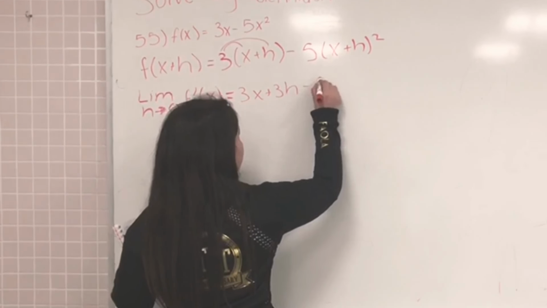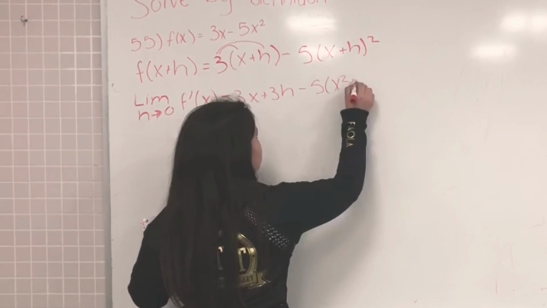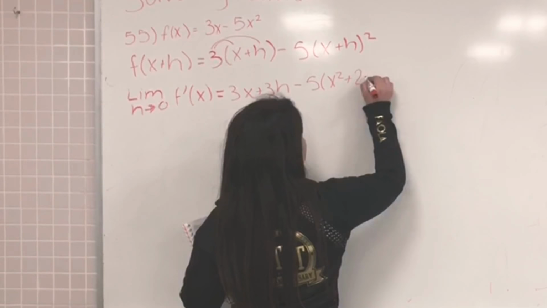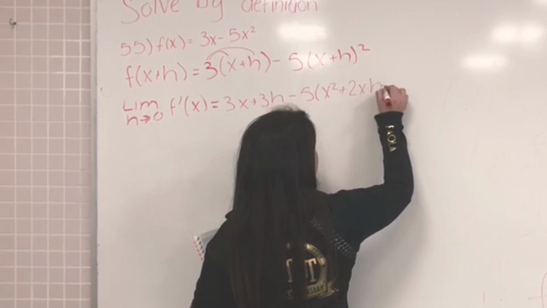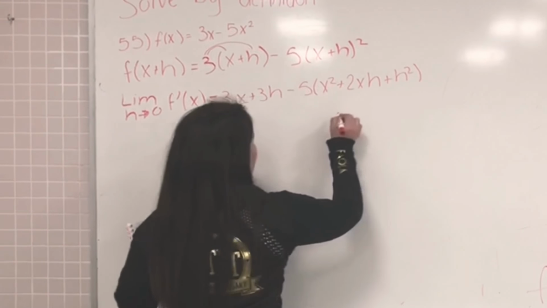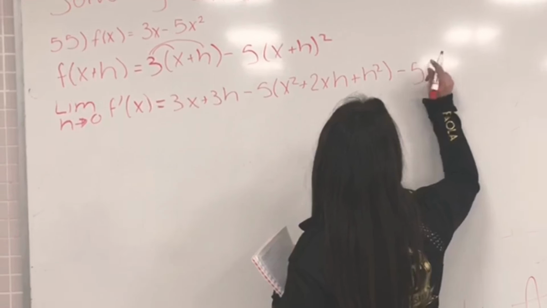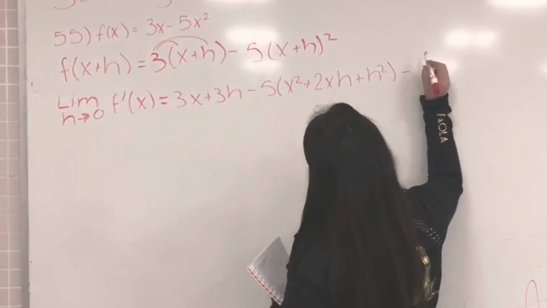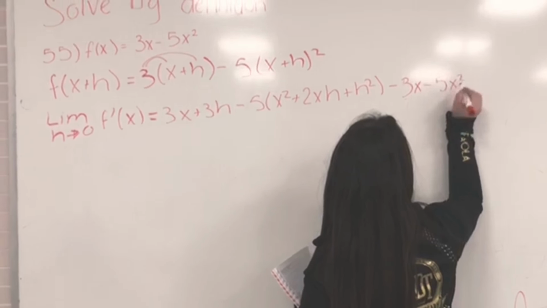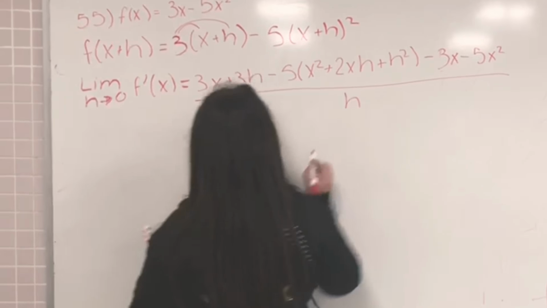minus 5, and we're going to use the binomial rule, that is a squared plus 2 times a times b plus b squared. And then we're going to subtract the original function, that is 3x minus 5x squared, and divided all of it by h.